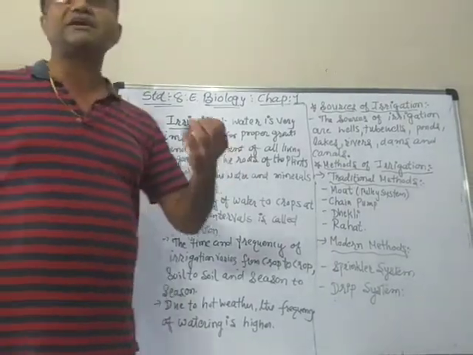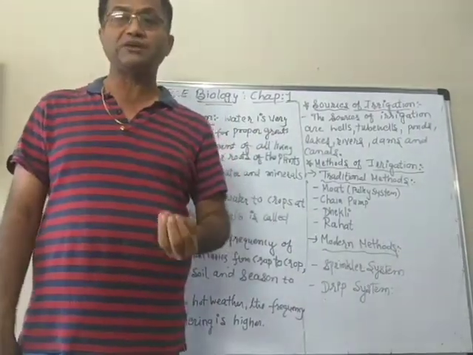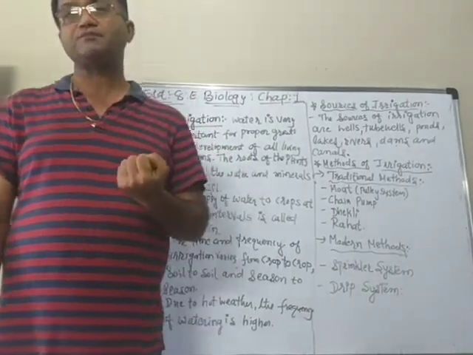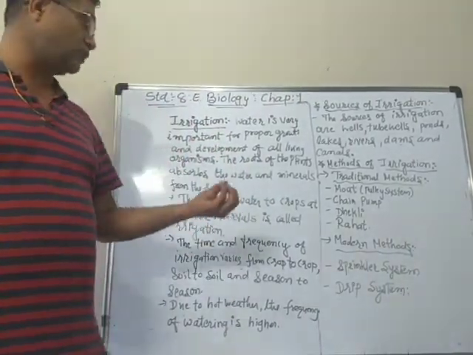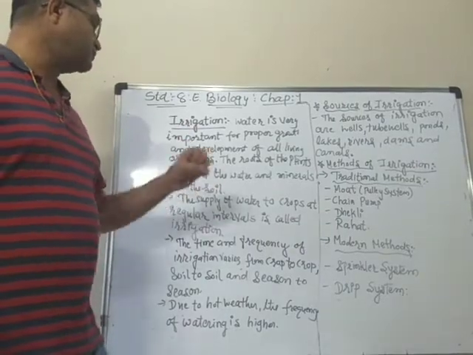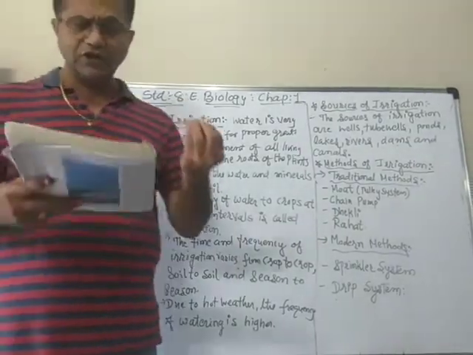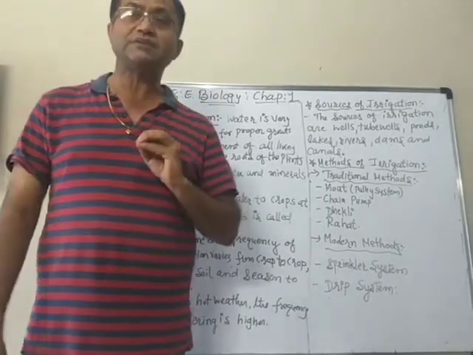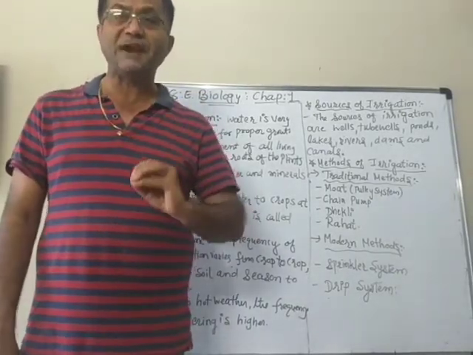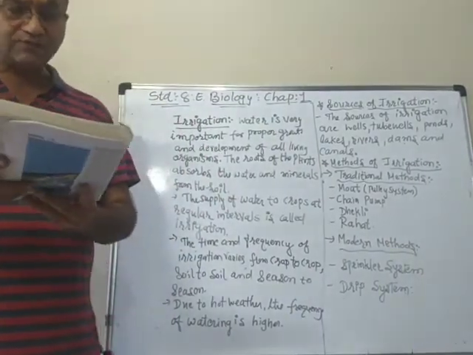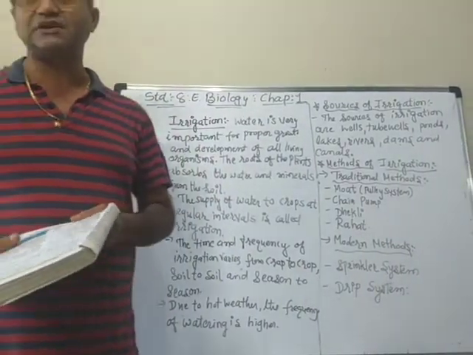The minerals get dissolved in the water, and then when the roots absorb the water, the minerals are also absorbed from the soil by the roots. Now, we know that 90% of the plant is water. So, it means that water is very, very essential.